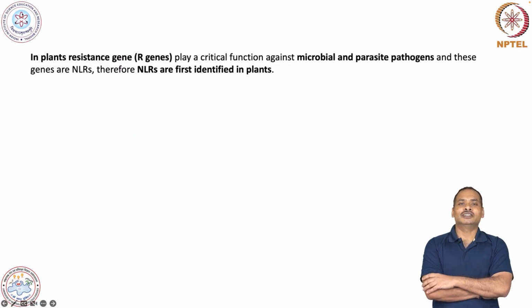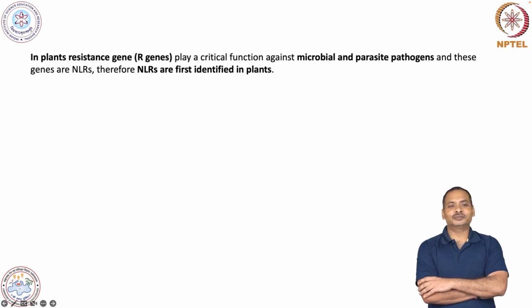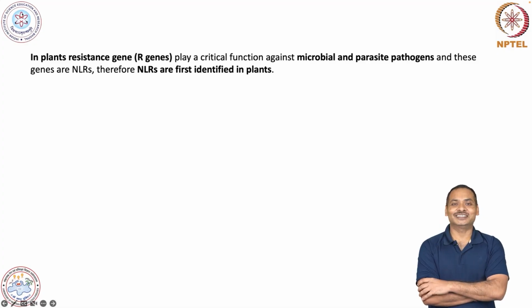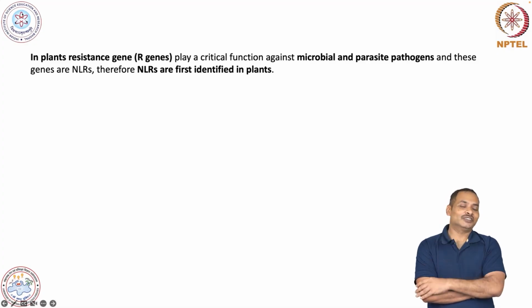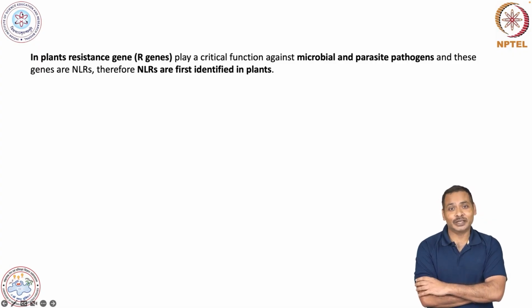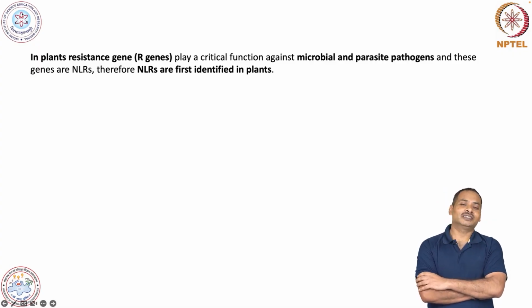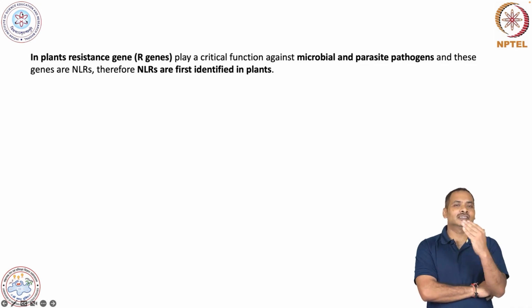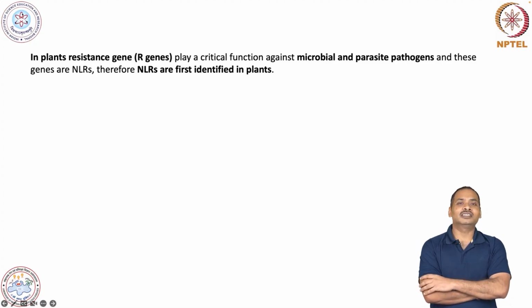NOD-like receptors, or NLRs, were first identified in plants. It's very interesting, right? First identified in plants, they play a very important role against microbial and parasite infection in plants, and these proteins are named R genes.